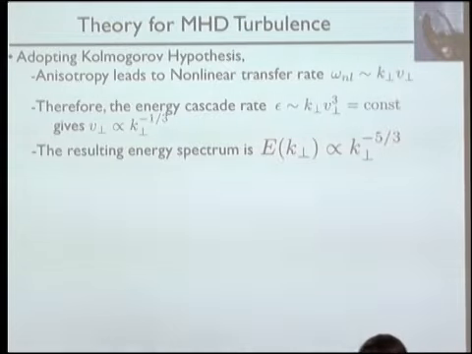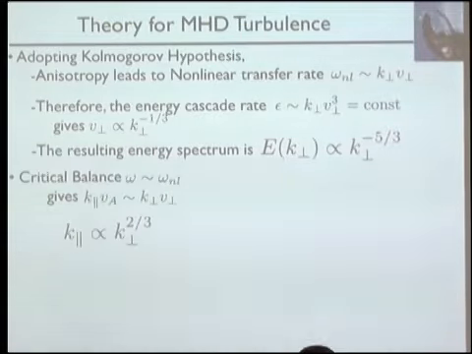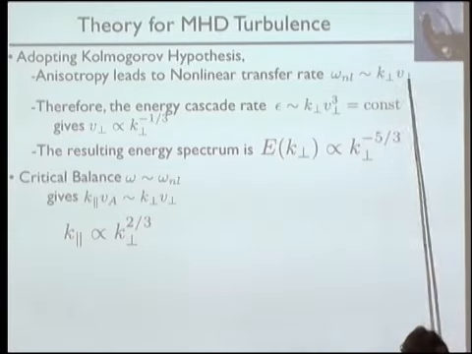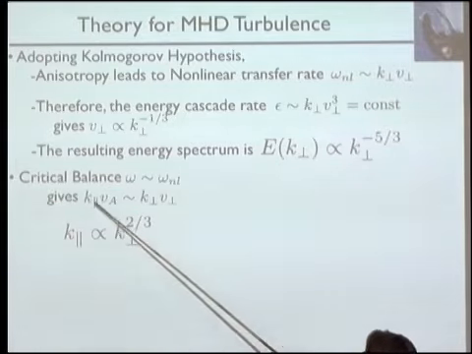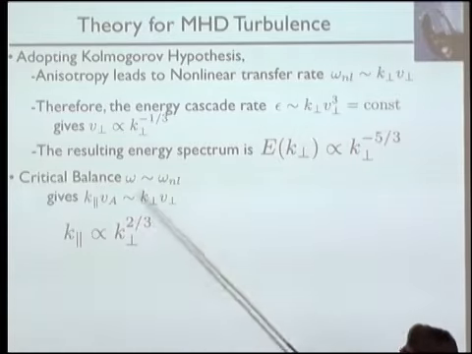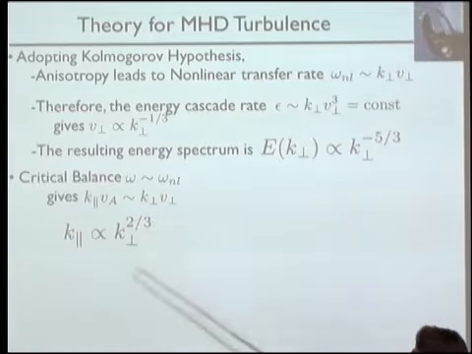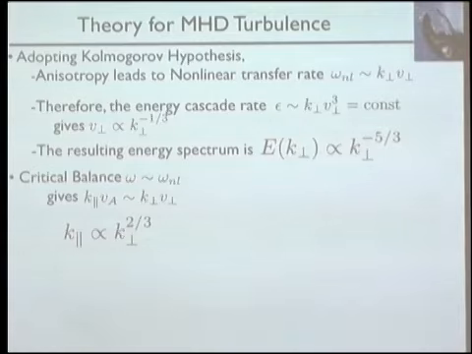And that's v squared plus B squared. It's a function of k. Critical balance tells us that setting these frequencies equal to each other gives us that k_parallel is going like k_perp to the 2/3. So this is the scale-dependent anisotropy.